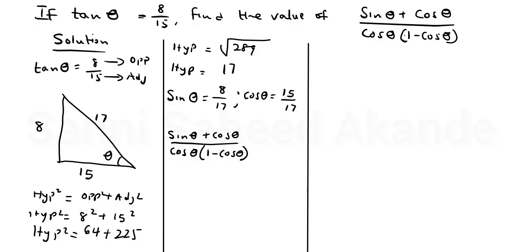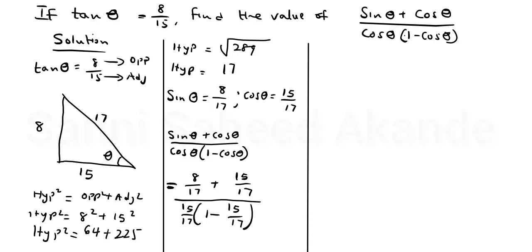The whole of this will be given as sin theta, which is 8 over 17, plus 15 over 17, divided by cos theta, which is 15 over 17, open bracket 1 minus cos theta, which is 15 over 17. All right, so now we are going to solve it step by step.